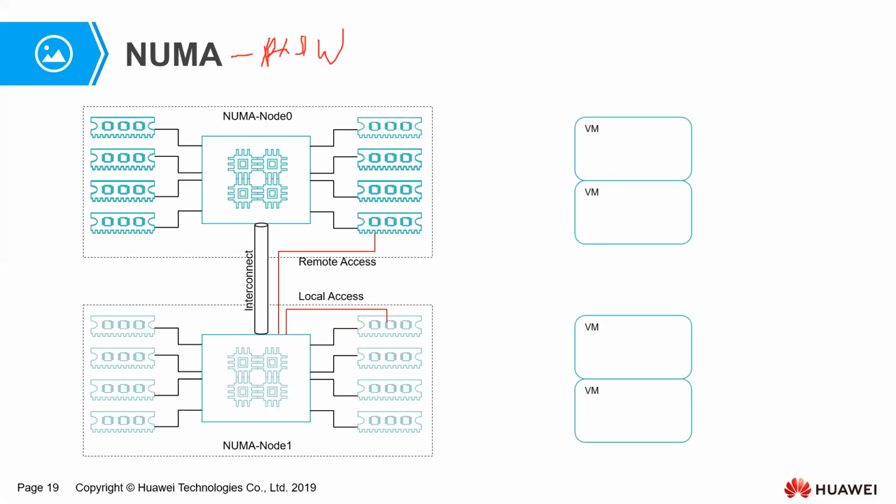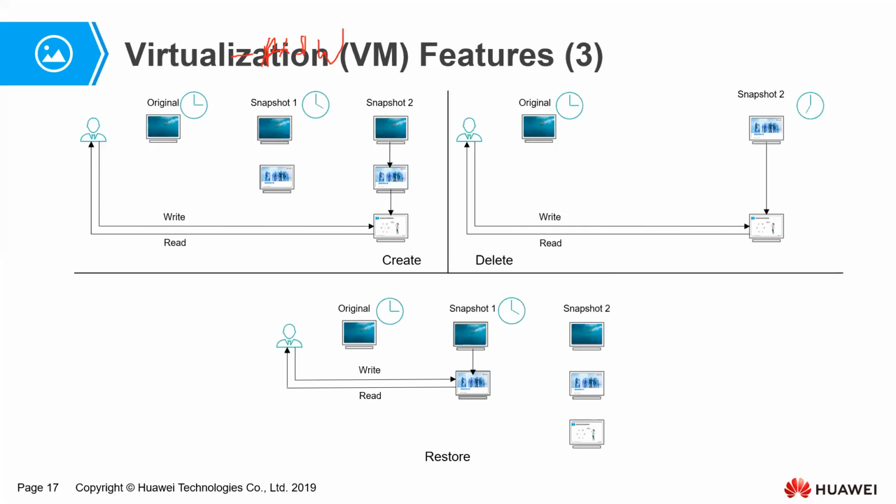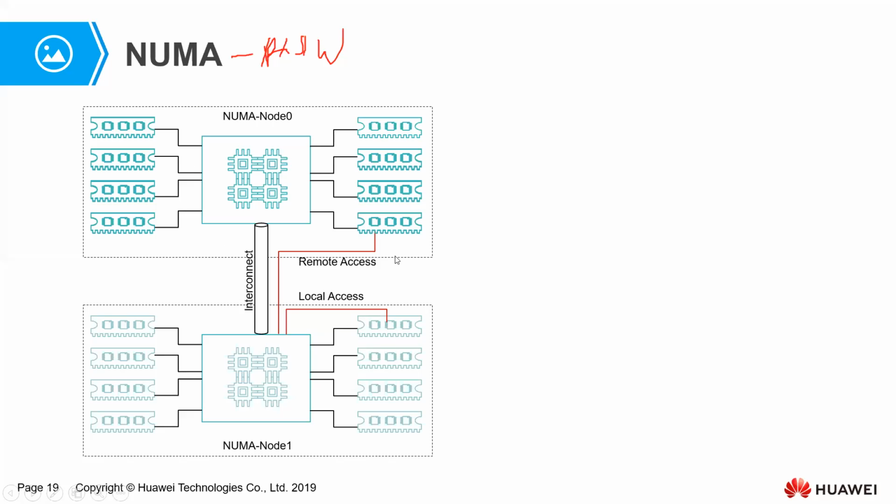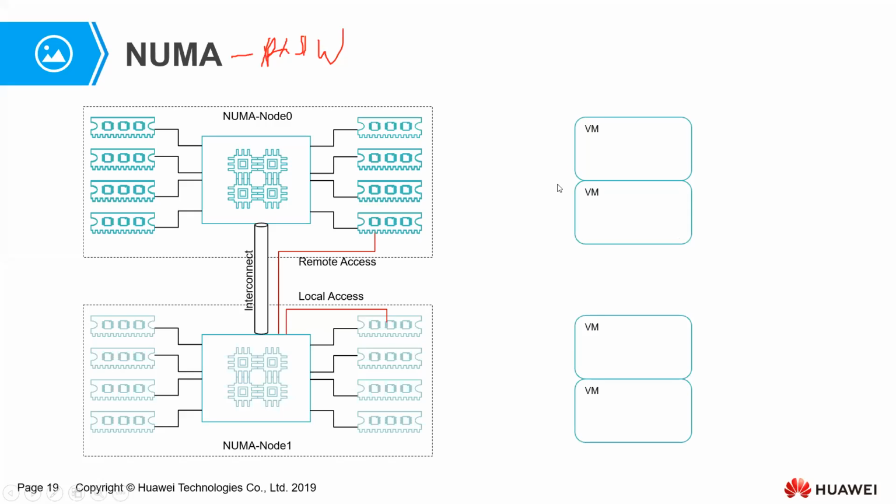As you see in the diagram here, we have our CPUs and memory. So what we do, we take our virtual machines, and we get this memory which is connected to that CPU, and we take them together. Also this memory that is connected to that CPU, and we take them together.